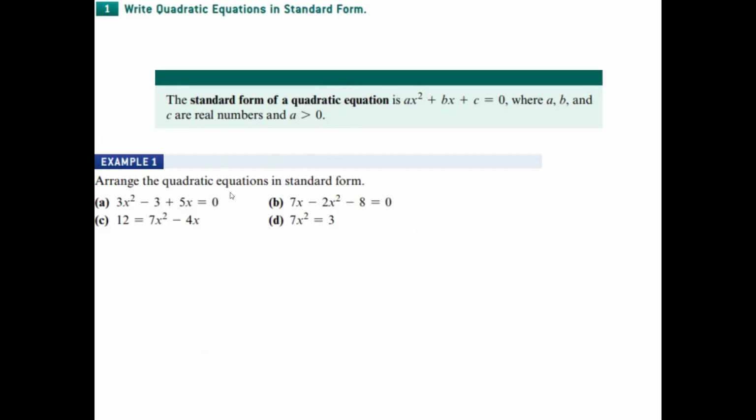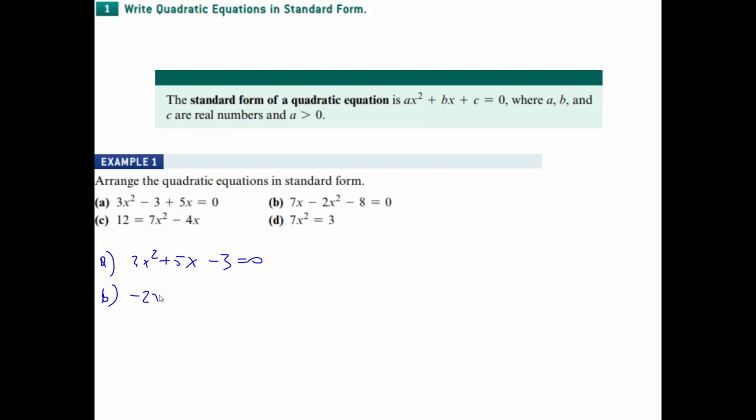Okay, so let's do this simple task. So for a, we need to switch this to, right, 3x squared plus 5x minus 3 equals 0. That's pretty basic and simple stuff, right? B. So what do we have?